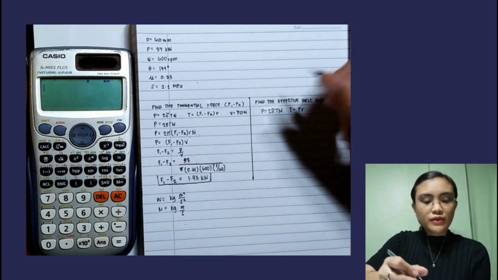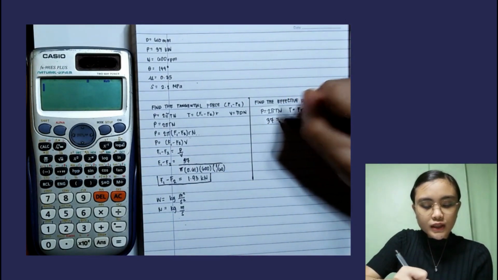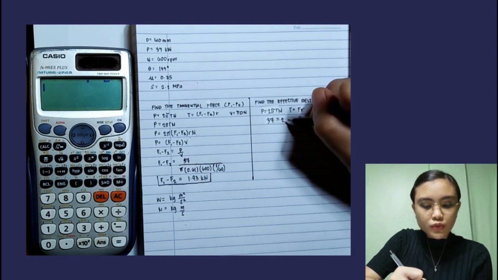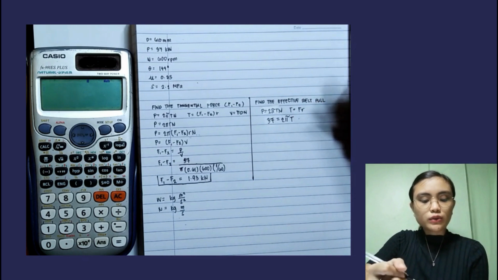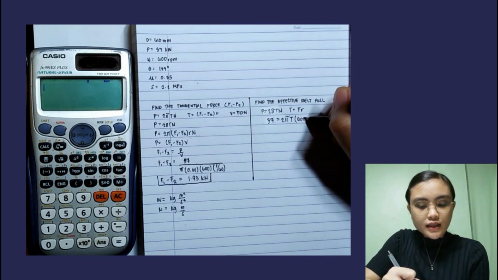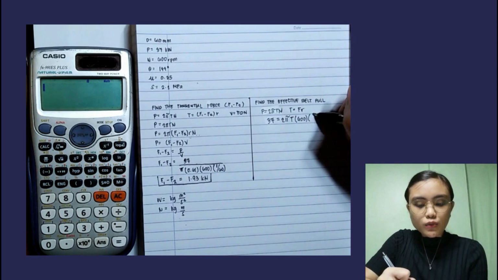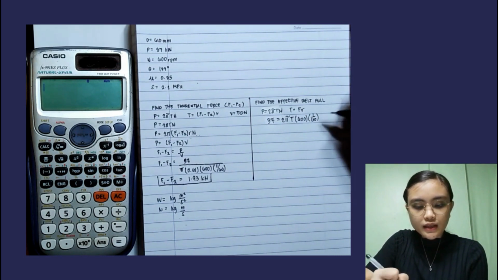P, we have 37, which is equal to 2 times pi times T, which is our unknown, times our N, 600, and we convert it to seconds, so 1 over 60 since it is expressed in minutes.